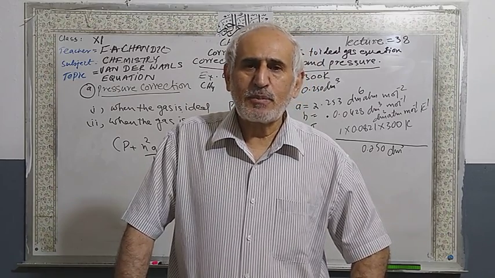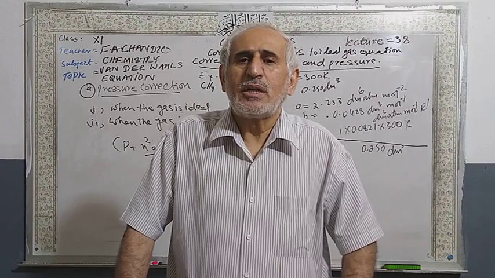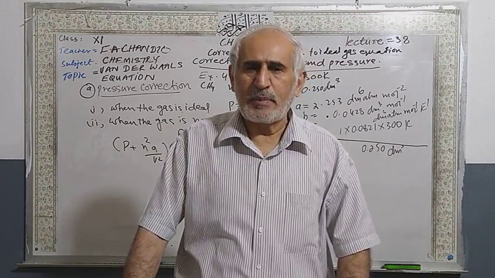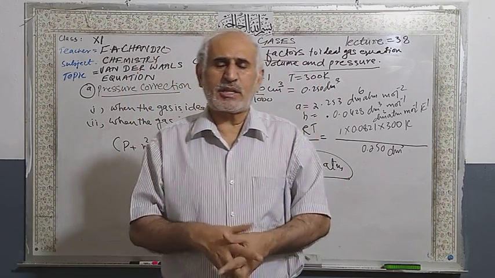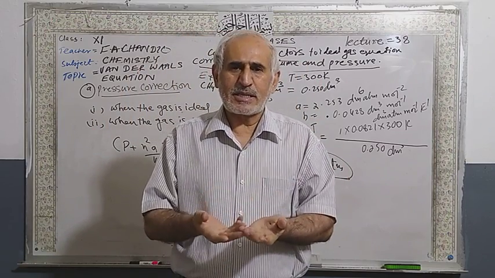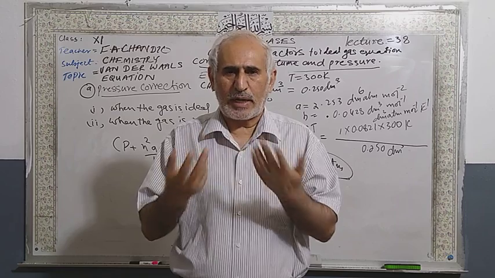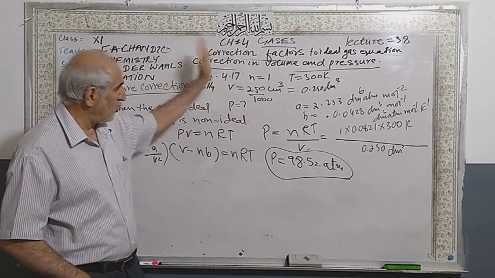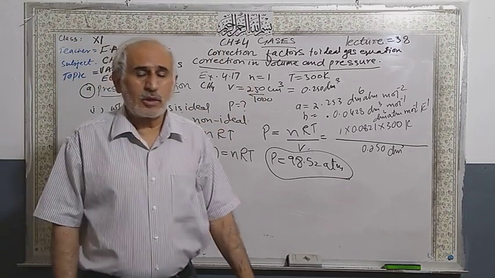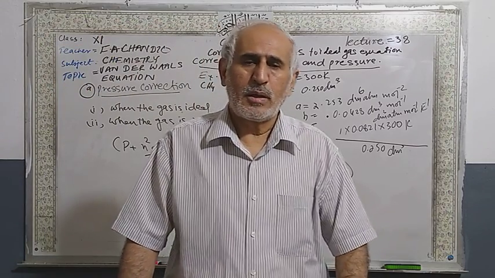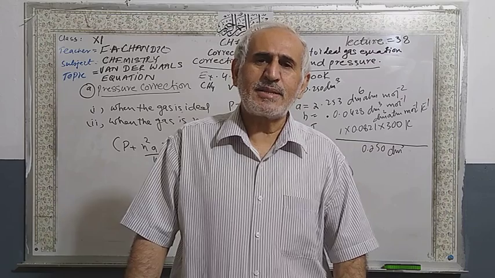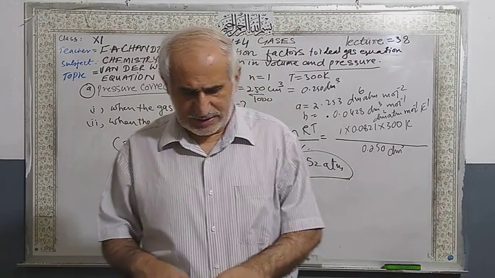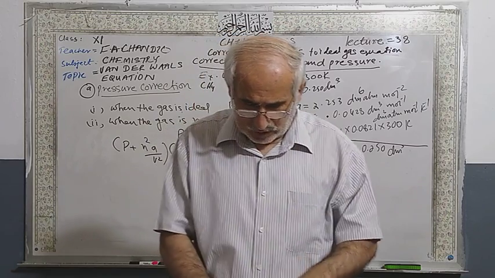Still it comes more than 16. So we can conclude that by applying these two pressures, ideal gas equation pressure and non-ideal gas equation pressure, according to these values which are given, the gas is non-ideal. Gas is still non-ideal. So students, this is the gas equation.